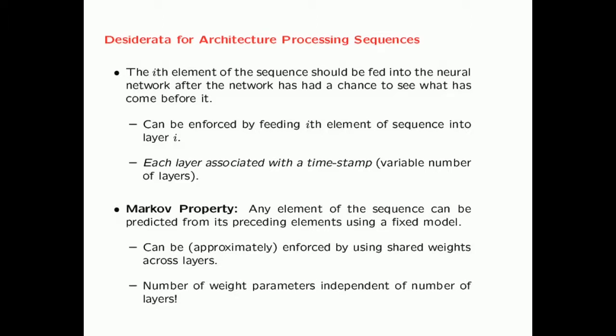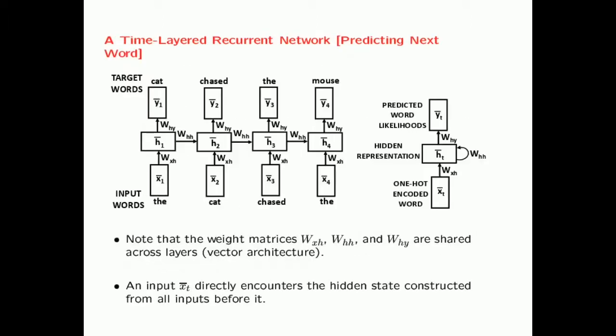So let's look at a pictorial representation of these desiderata. Here I have shown an example of a recurrent neural network. Let's first focus on the image on the left, because the one on the right has a loop and often that tends to confuse people. So here you have a time layered network where you have a simple sentence, the cat chased the mouse.